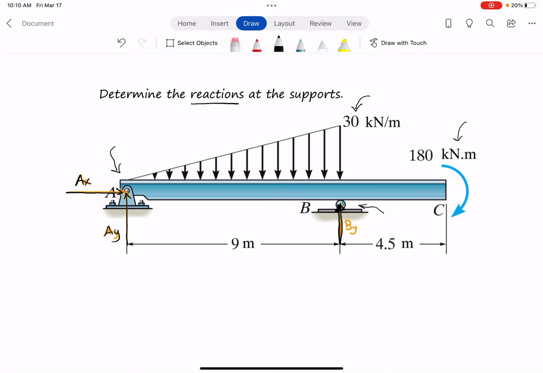Now, our first mission is to change this loading into a point load. So I'm going to make it colored. So this is equivalent to one force here, and that is equal to 1/2 times 9 times 30. Let me do the calculation here.